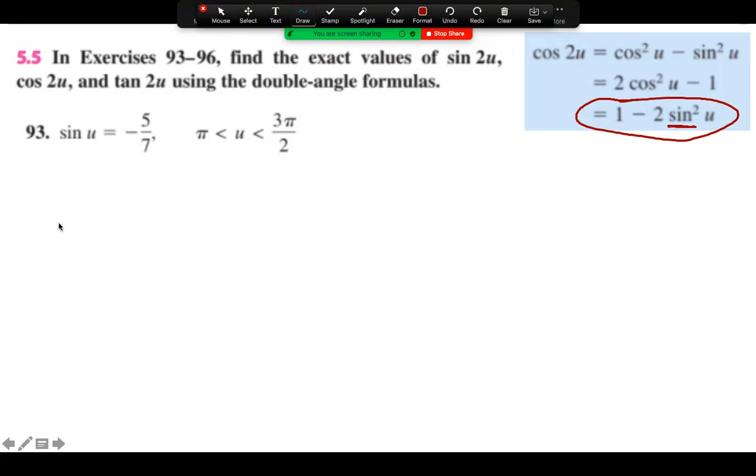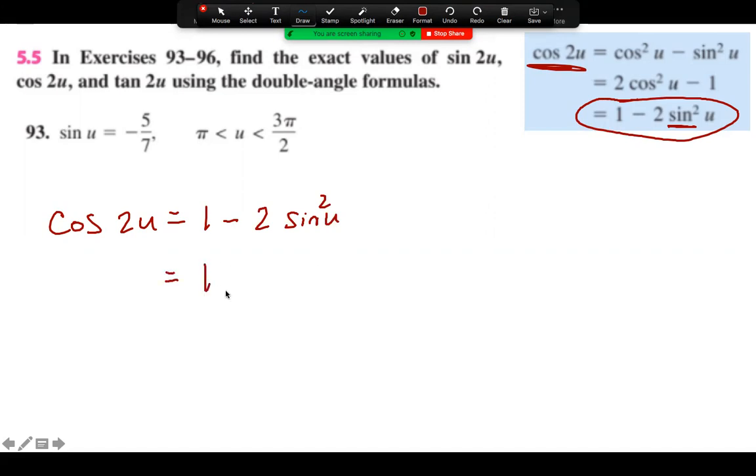Okay, we need to do cosine. Cosine of 2u is equal to, I'm going to use this variant here, 1 minus 2 sine squared u, and that's it. So now it's replacement.